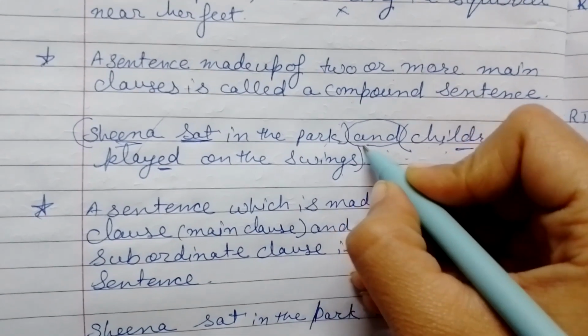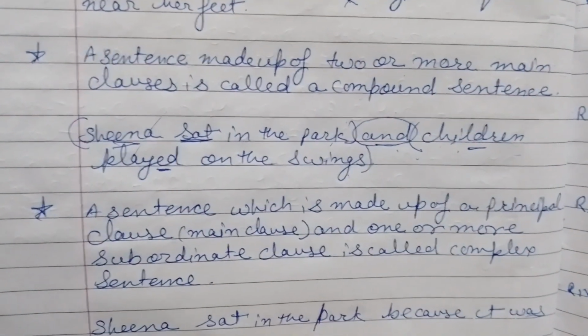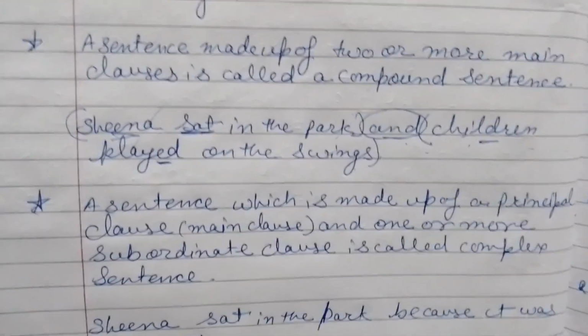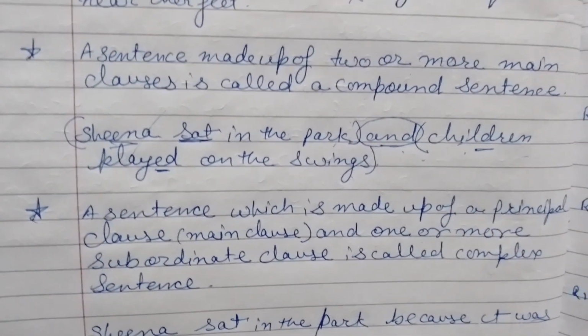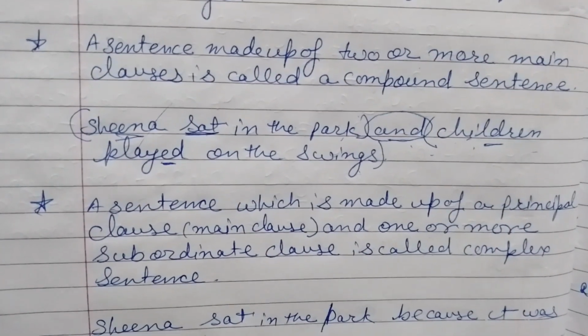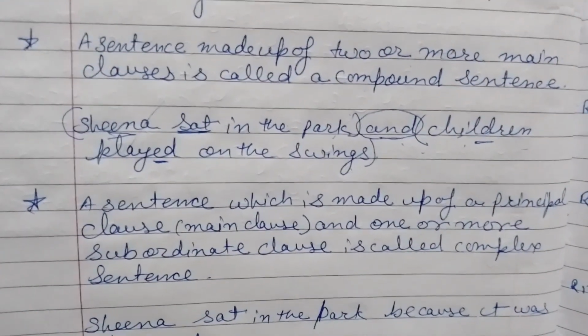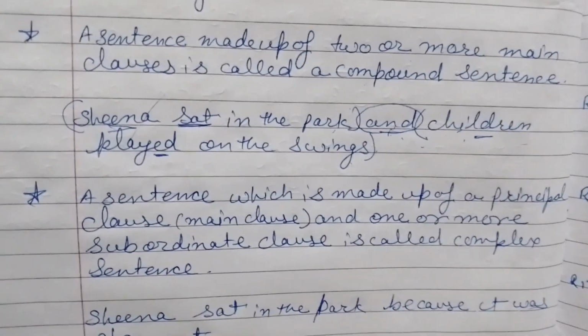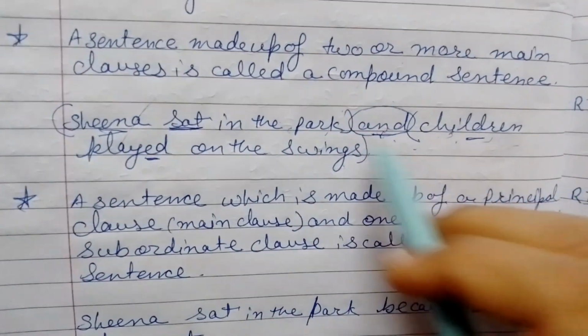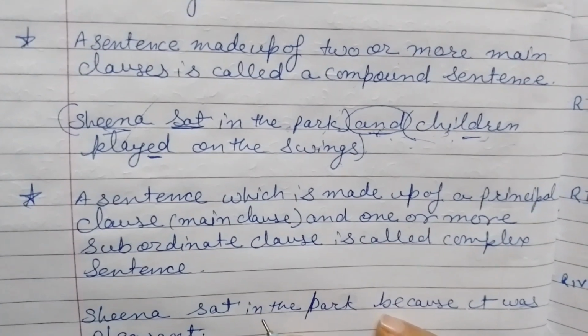Coordinating conjunctions. What is the benefit of coordinating conjunctions? Like we have non-stick pans or utensils in our kitchen. The food does not stick on them. Coordinating conjunctions are also like that. They do not stick to any of these sentences, right?